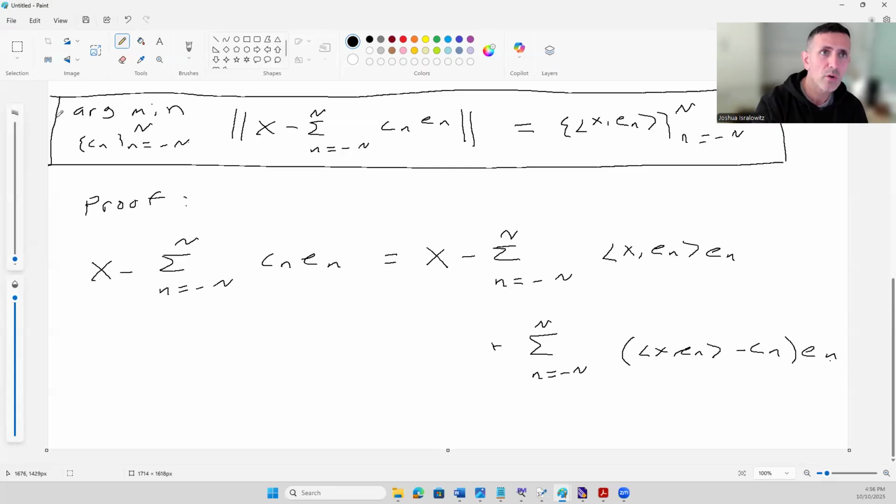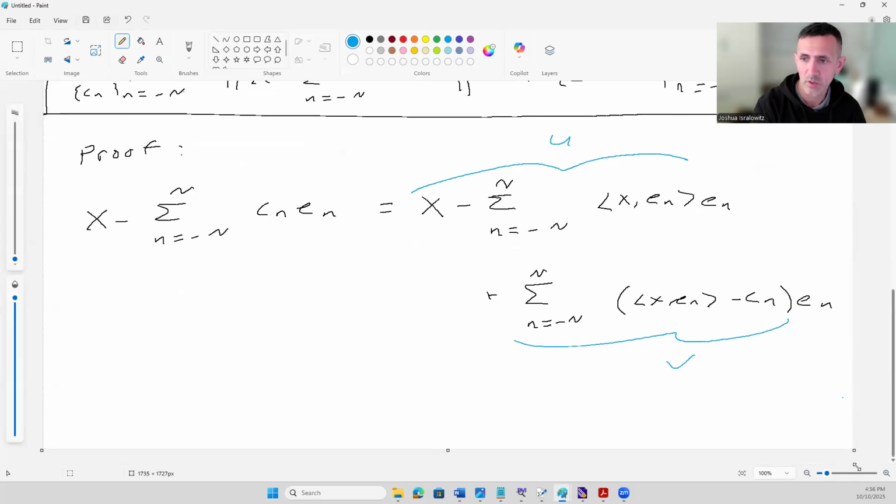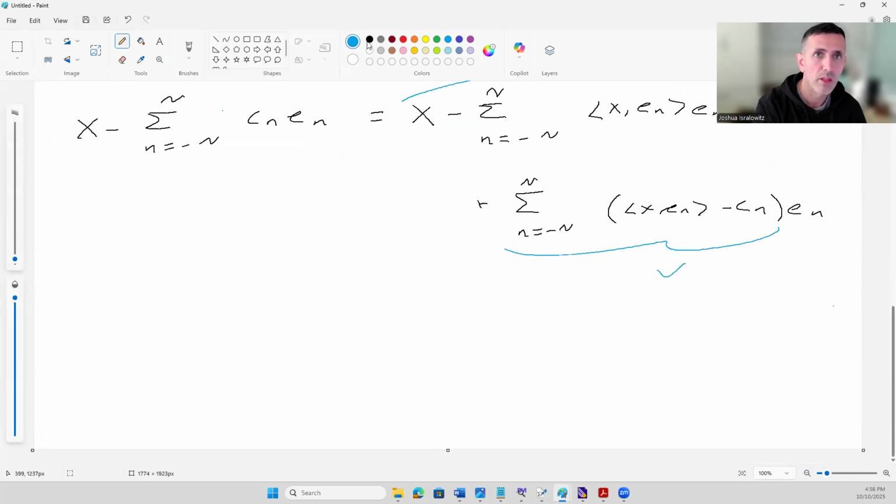Right. So let's call this U, and let's call this V. I claim that U and V are orthogonal, and then we're going to use Pythagoras.